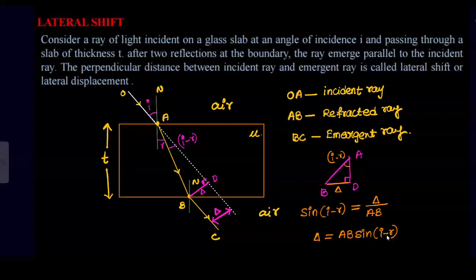Now we need to get this AB also. Tell me how we'll get this AB. We are extending this normal down exactly like this.